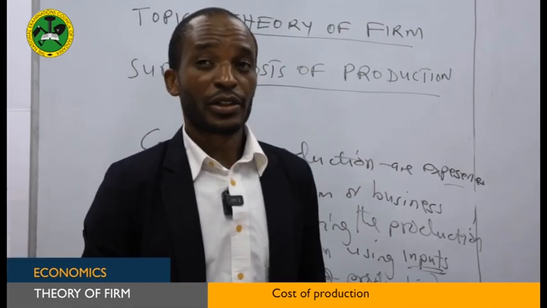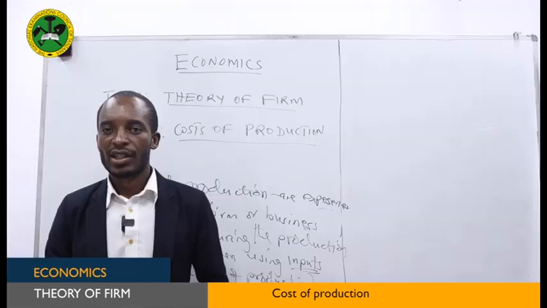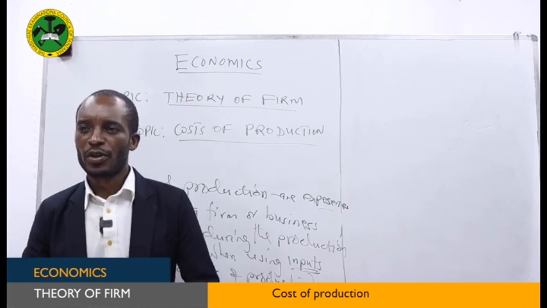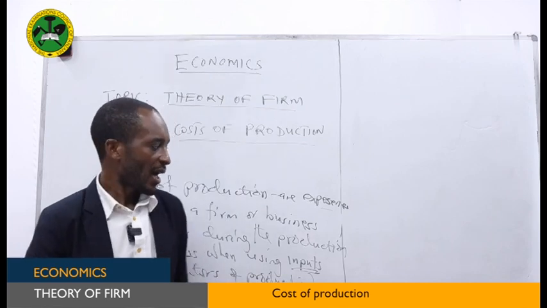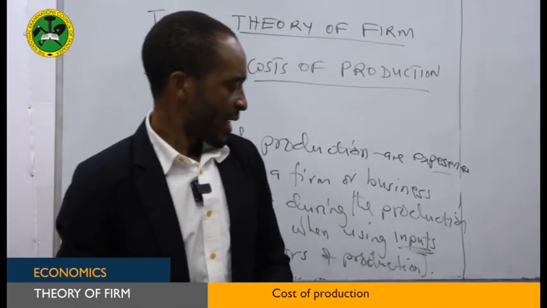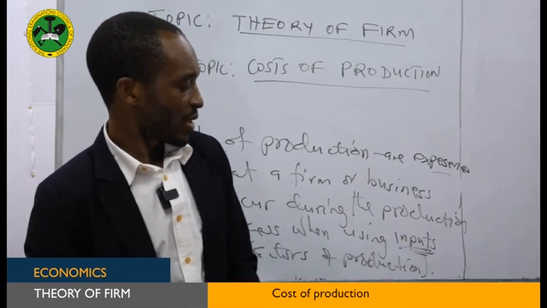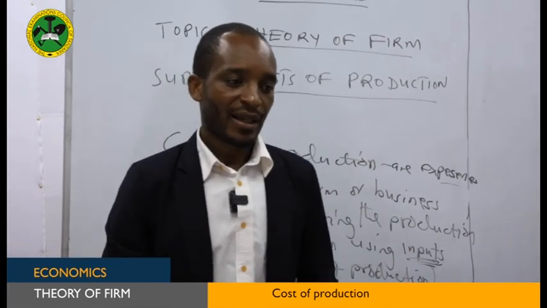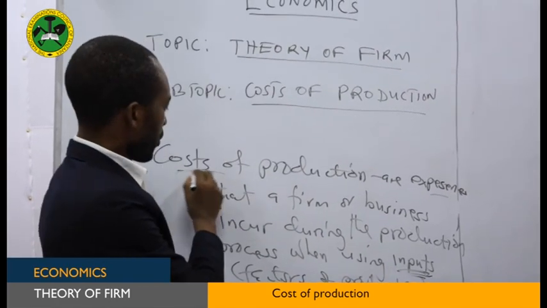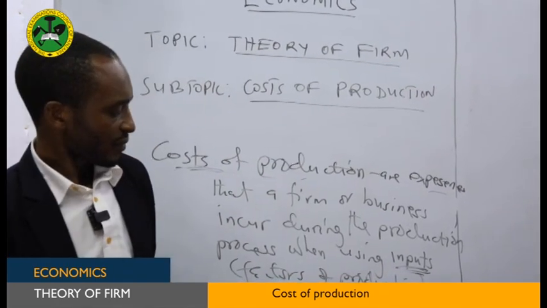The inputs here are raw materials or any materials used to produce a commodity. For the inputs we need to use in the production process, we must pay a certain cost, so we call it the cost of production.